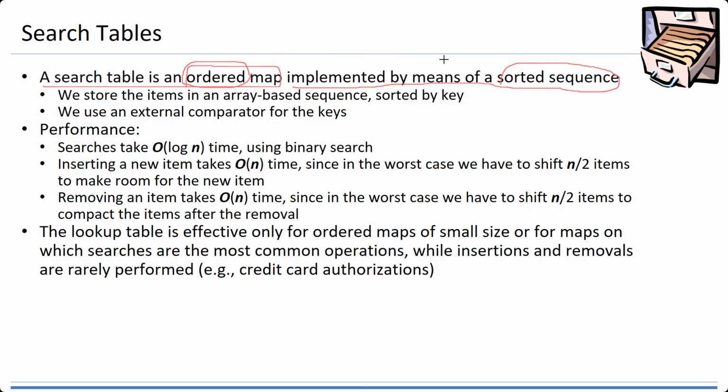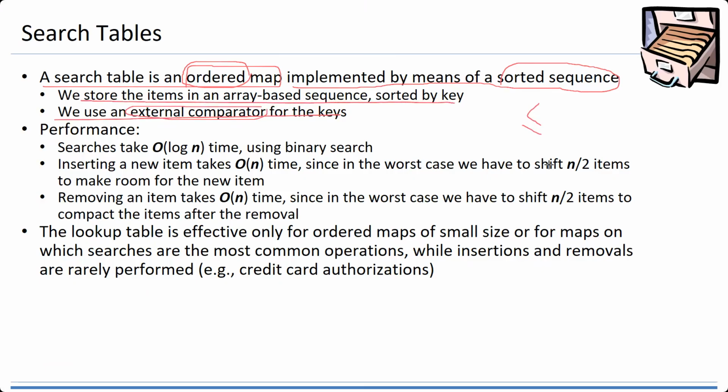So it's already sorted. We store the items in an array-based sequence sorted by the key, and we use an external comparator for the keys. The external comparator is just like the symbols less than, equal.